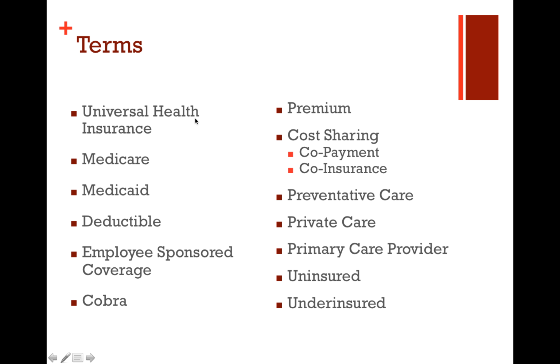Universal health care and universal health insurance are terms that get tossed about when we discuss healthcare, but are rarely defined because there is no one way to achieve universal health care.